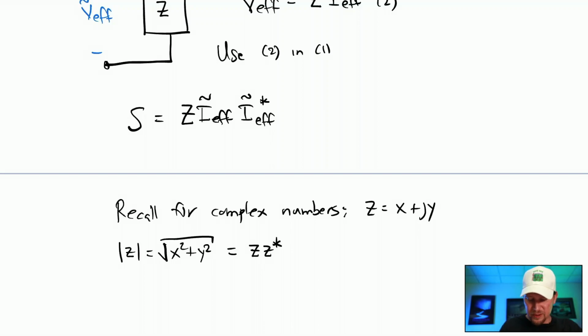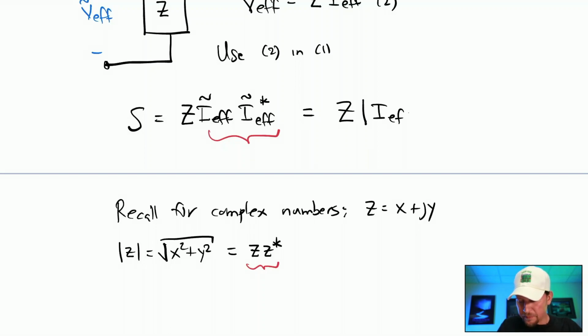This is important because notice that this very thing that we have here, we have right there, right? Which means that this complex power is the impedance times not the full phasor of the current, but the magnitude of the phasor current here squared, right? So you're only taking the magnitude, you're really disregarding the phase.